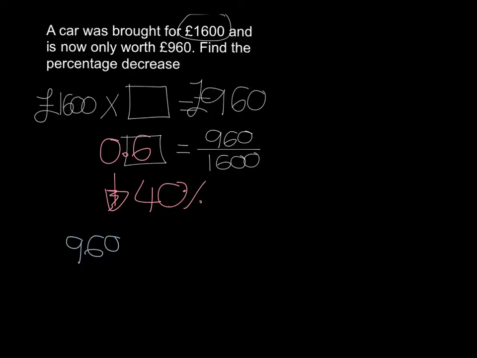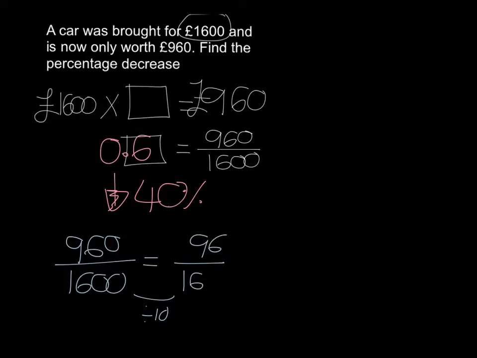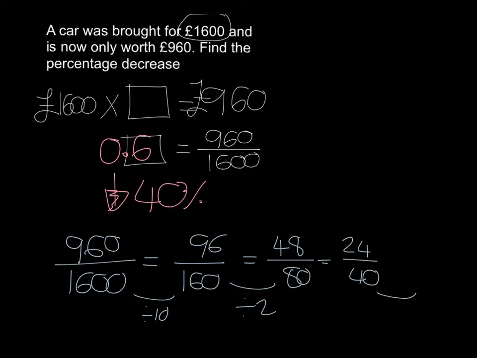If it was non-calculator, then obviously you would just have to be patient. Use equivalent fractions, 960 over 1,600, divide by 10, top and bottom is 96 over 160. Half it to make the numbers easier, so that's over 80, and that's going to give you 48. Half it again, it's going to give you over 40 this time, it's going to give you 24, and then half it again, it's going to give you 12 over 20.